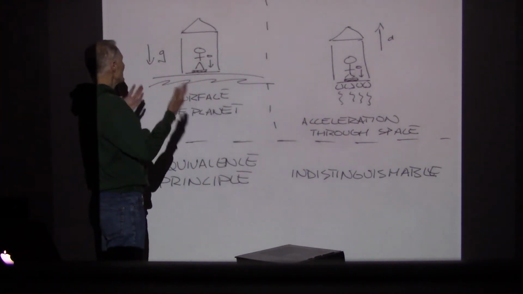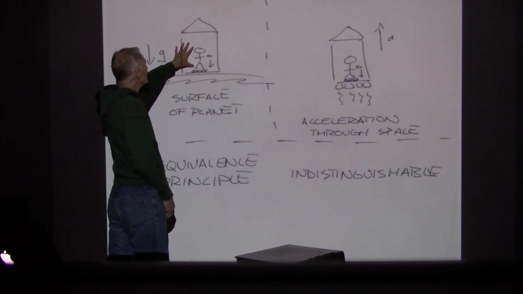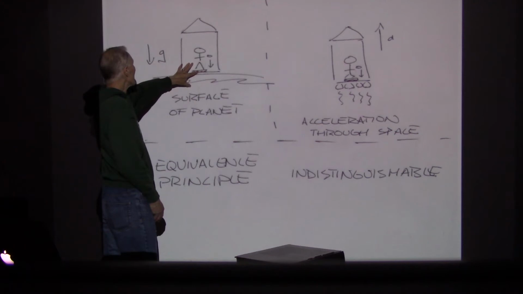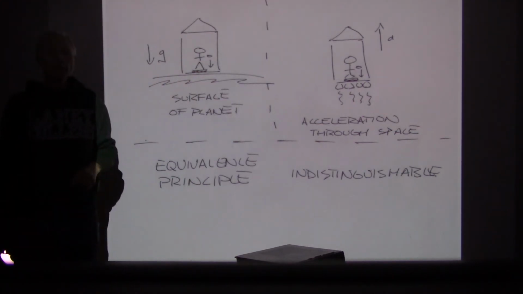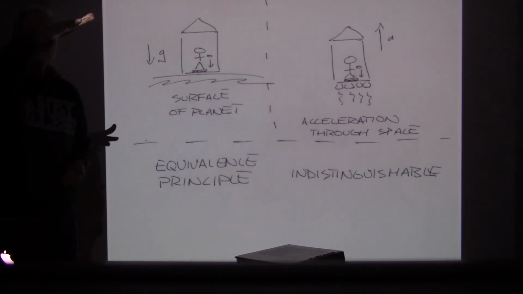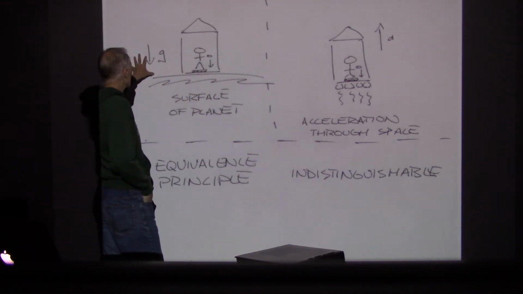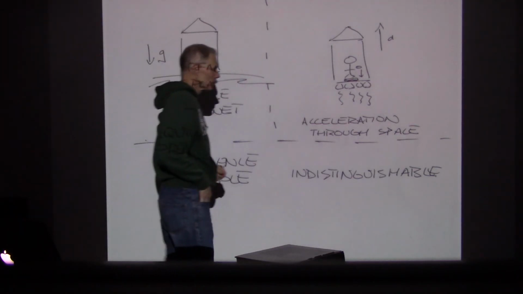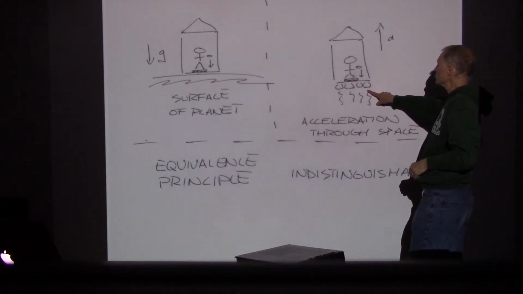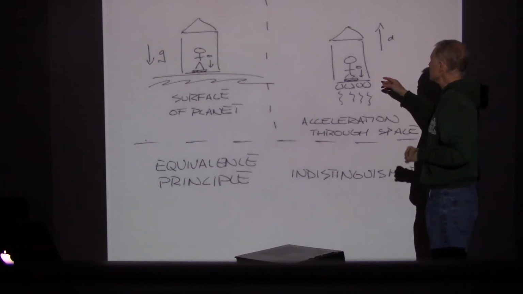So let's play an imagination game here. Let's say that somebody is inside a spacecraft, but the spacecraft is really just sitting on the surface of the planet. So the astronaut wakes up and wonders, have we landed? Are we still out in deep space? So they pick something up and they let go. And what happens is the thing drops. And they go, well, that sure looks like a gravitational effect. But wait a minute. What if I'm inside the spacecraft and we have the propulsion system turned on, and the propulsion system is really quiet, and it doesn't create any vibration?